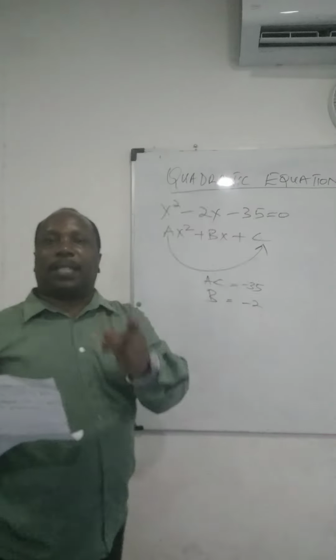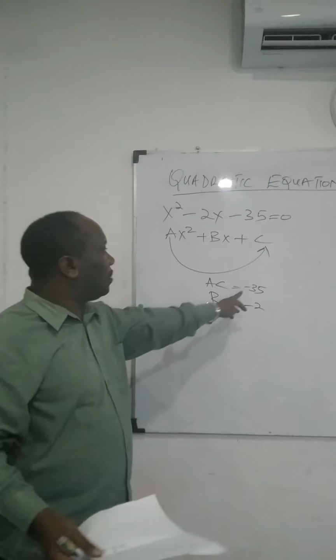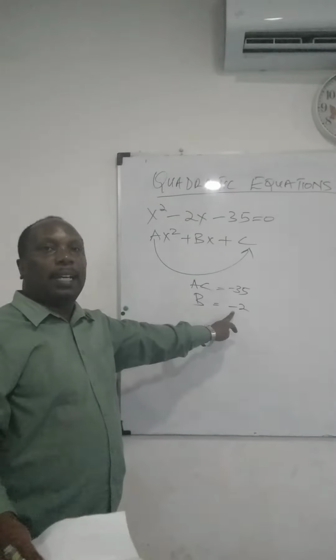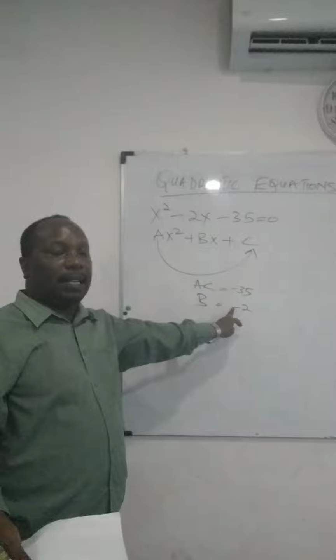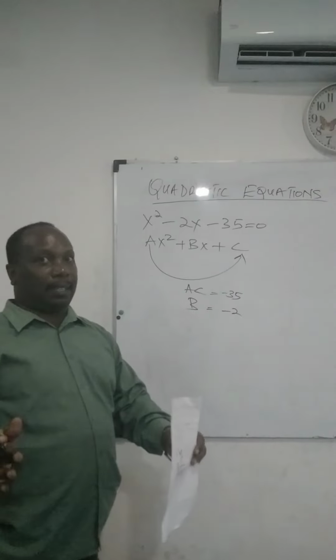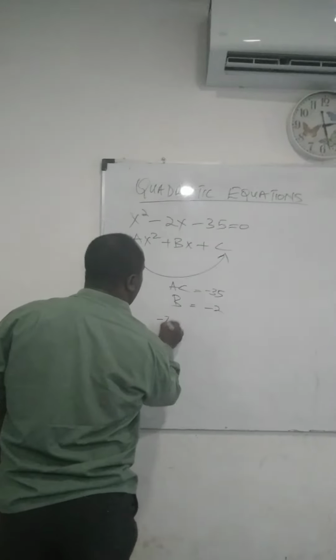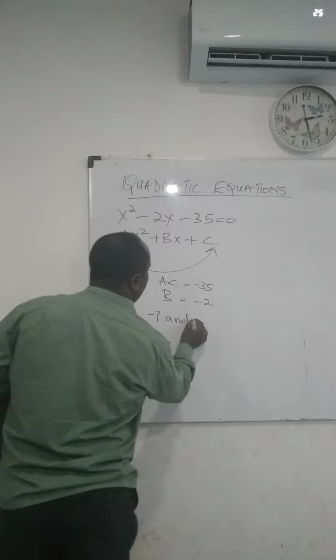We ask ourselves, which two numbers can we multiply to get minus 35, and when we add them, we get minus 2. From practice and guessing, we can see that the numbers are minus 7 and 5.